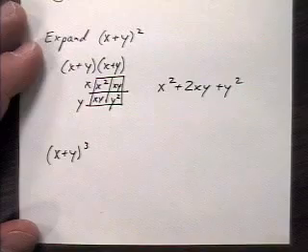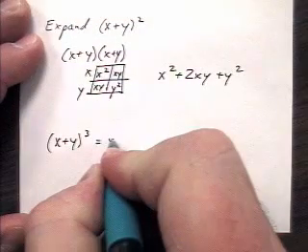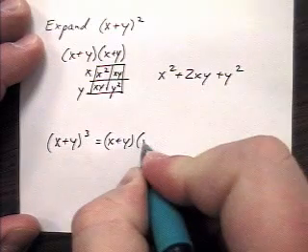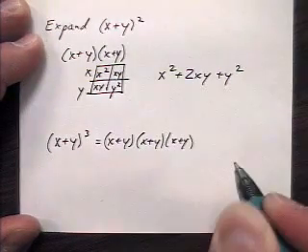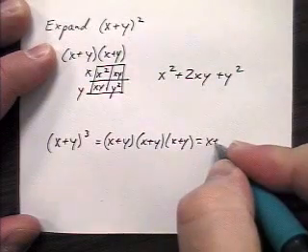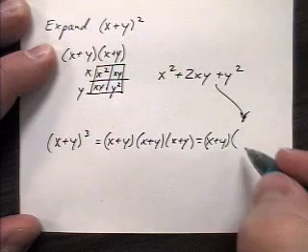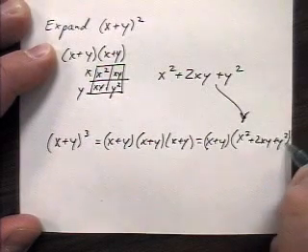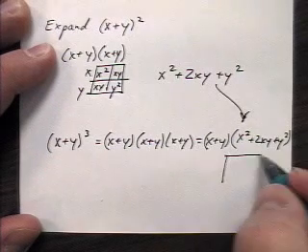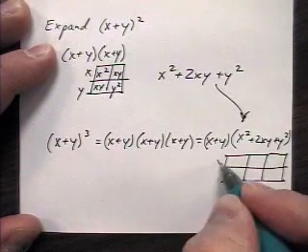Well, what about x plus y to the third? Well, we know that's x plus y times x plus y times x plus y. Or we could look at it as x plus y times this thing right here, x squared plus 2xy plus y squared. Am I still going to do a box? You better believe it, I'm going to do a box.